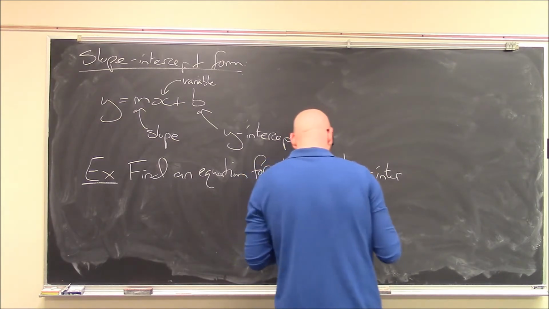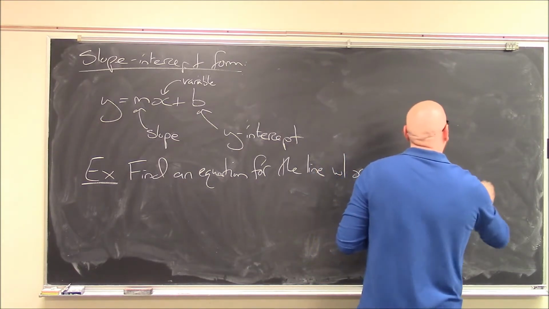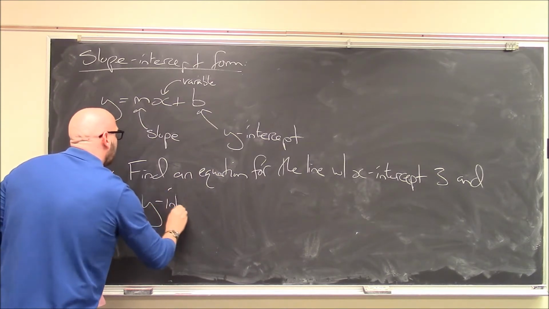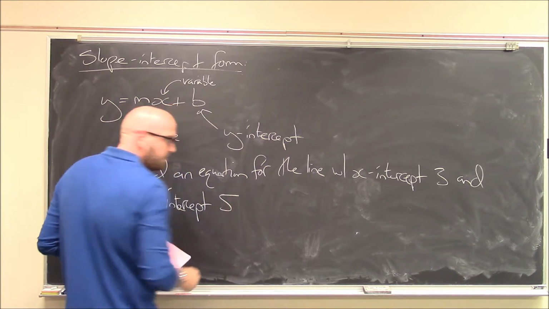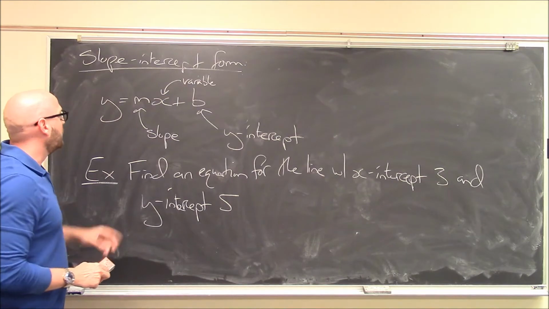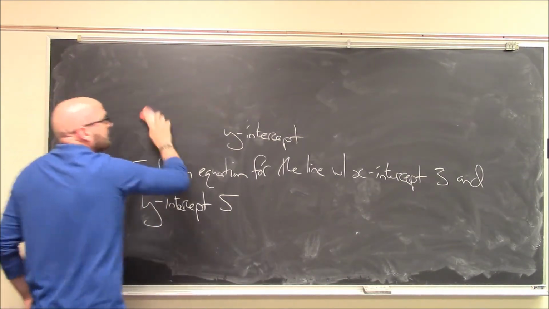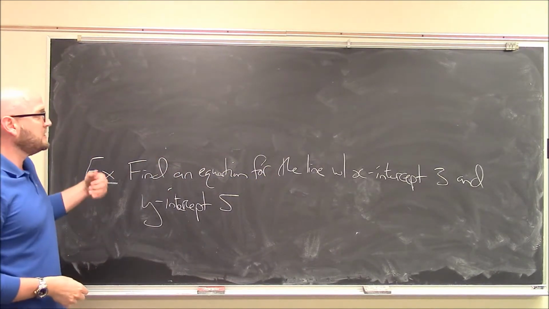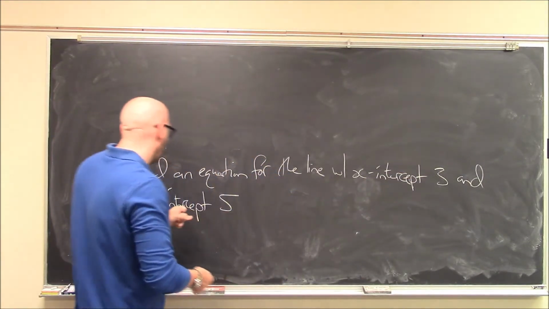With x-intercept 3 and y-intercept 5. And I underestimated how much space I was going to need here, so I guess I'll just do it above. But here's what we have. We want to find the equation for this line, and we're given some geometric information about it. We're told the x-intercept is 3, the y-intercept is 5.